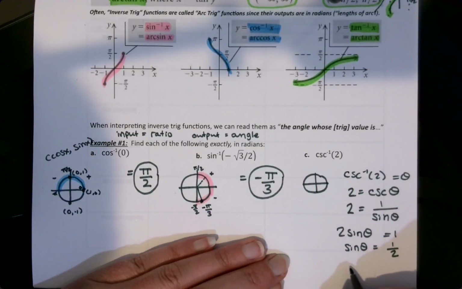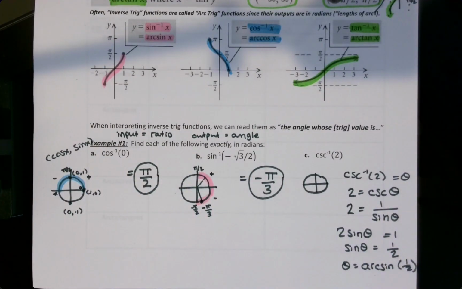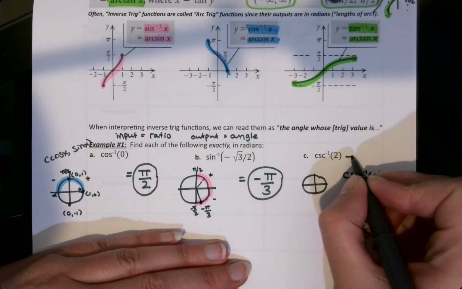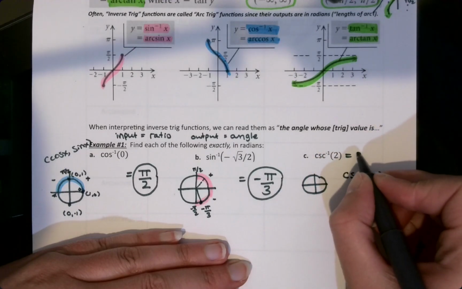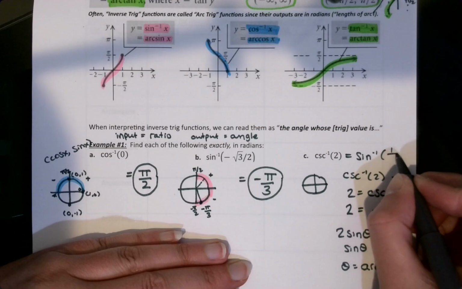So what I'm looking for is the angle whose arc sine or inverse sine is equal to 1/2. So just a demonstration right here of the fact that because sine and cosecant are reciprocal functions, the arc cosecant of 2 is going to be equal to the arc sine or the sine inverse of 1/2.